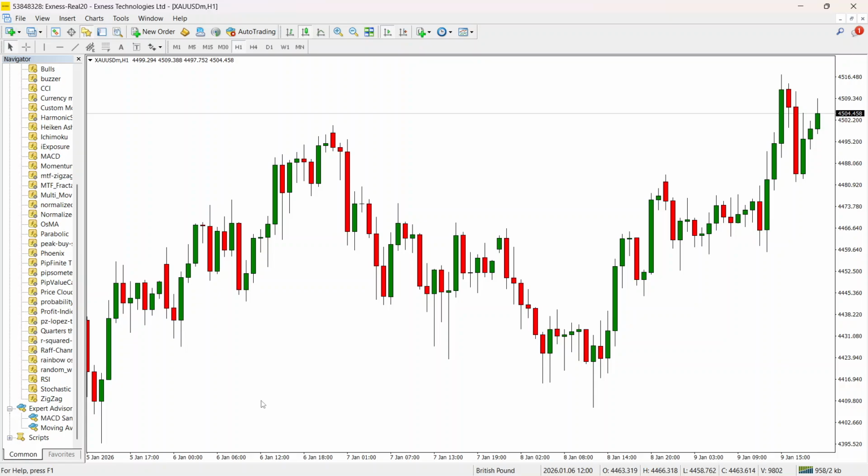Hi traders, in this video we're looking at the random walk index indicator for MT4 and MT5. This statistical tool measures whether price movements are following a significant trend or behaving randomly by comparing actual price ranges to what would be expected in a random walk.